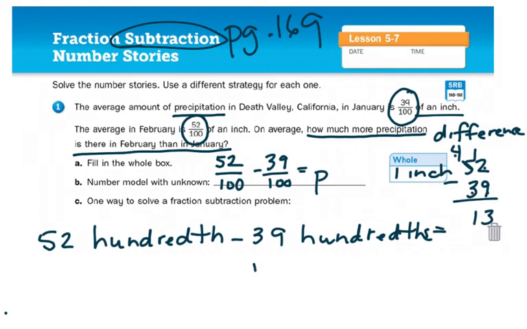So the answer would be 13 hundredths of an inch. Oops, spell that correctly.